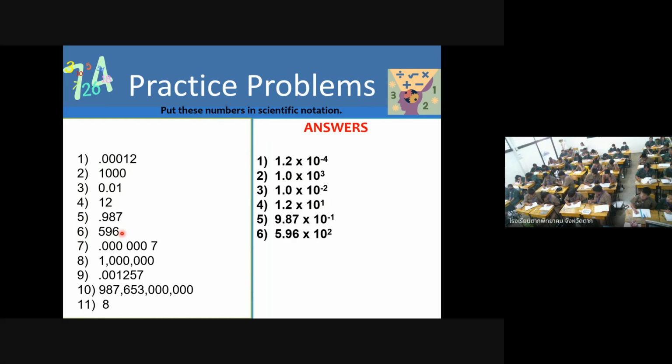The point is here, right? 1, 2. Again, if you don't see any decimal point, it's always at the end of the given number.